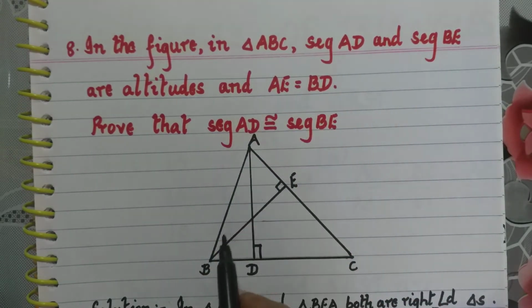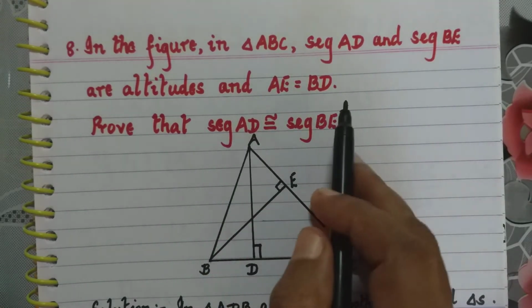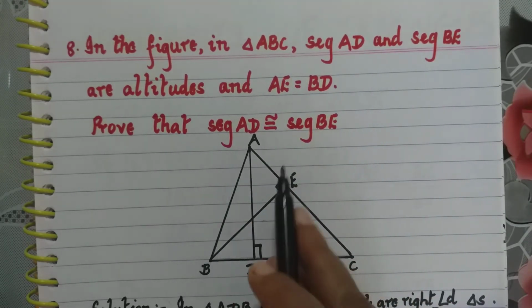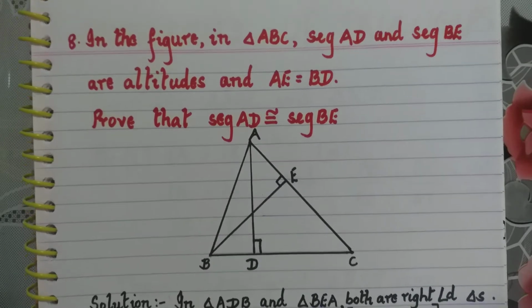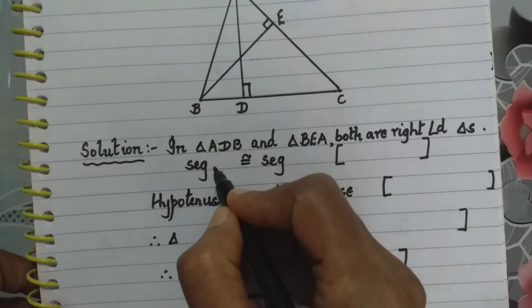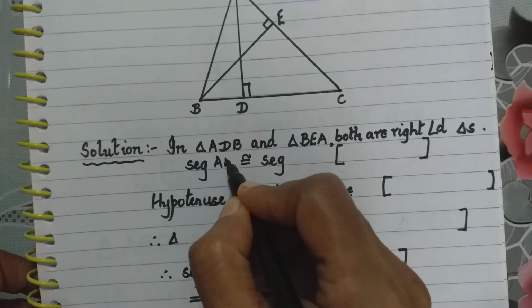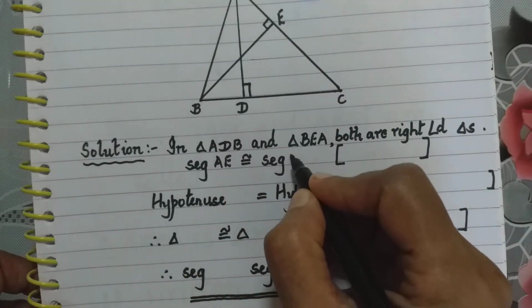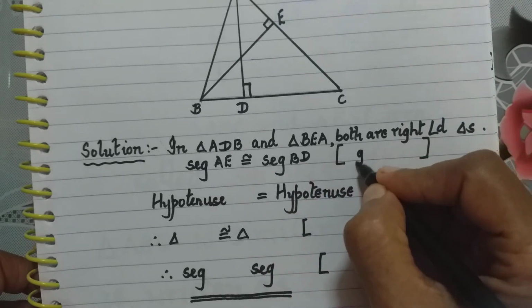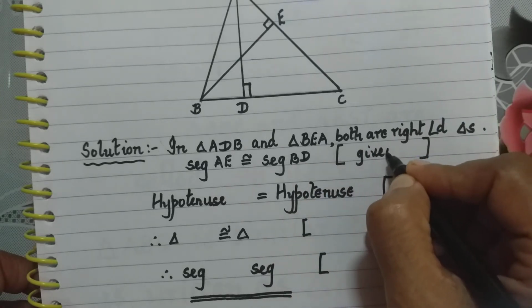So AE in triangle BEA and BD in triangle ADB, they are congruent to each other. So we can write segment AE congruent to segment BD. We saw it is given, so we write here given.